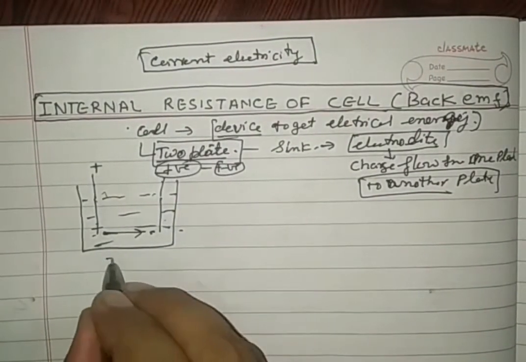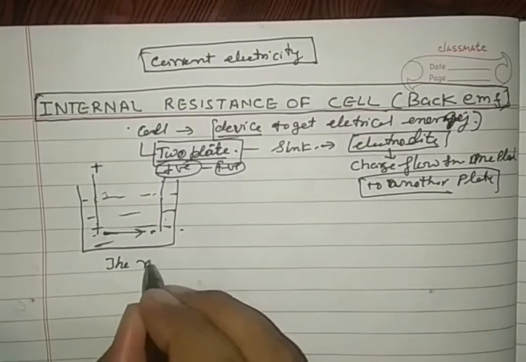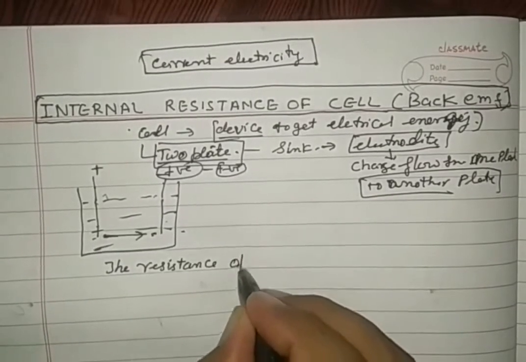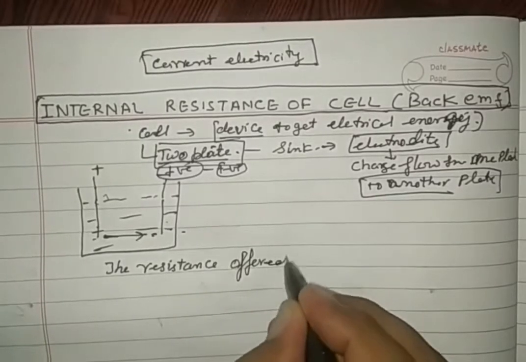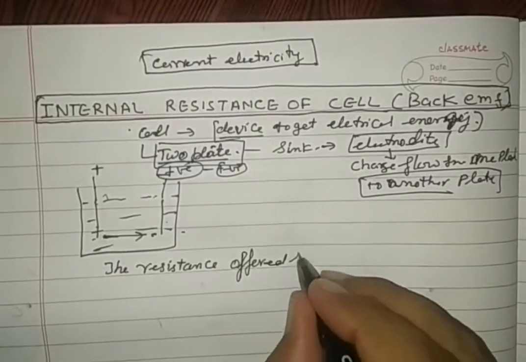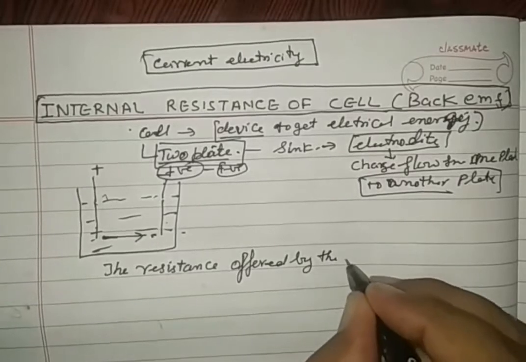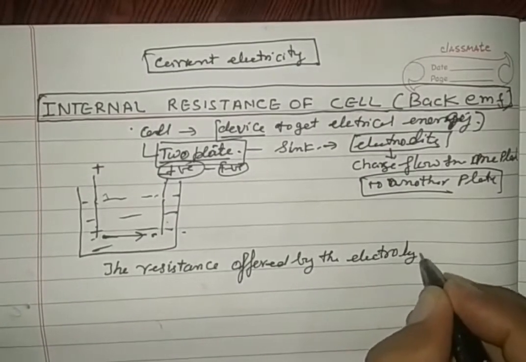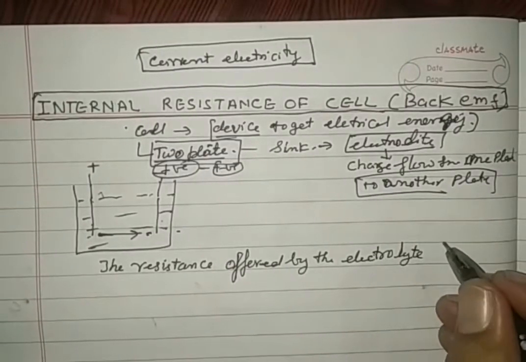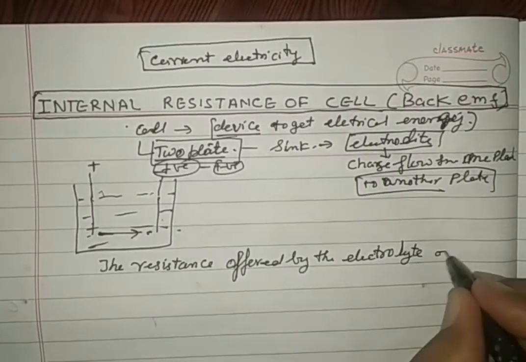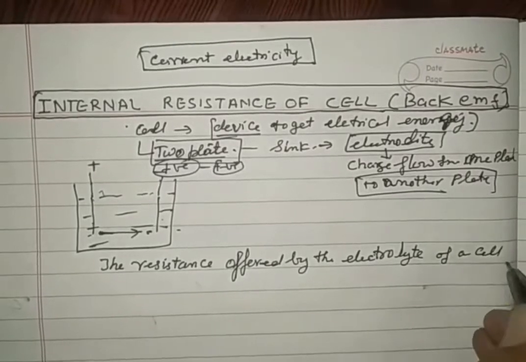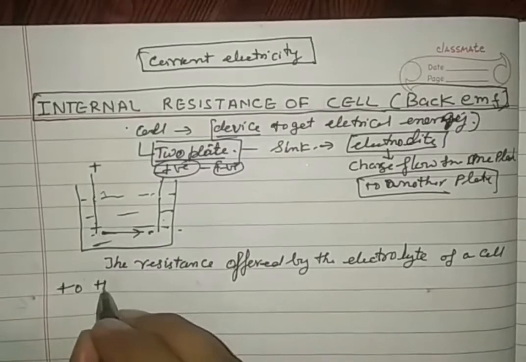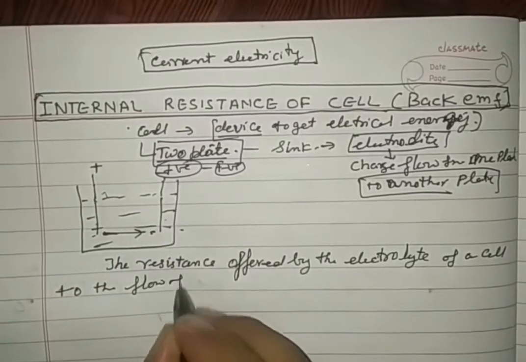This is the resistance offered by the electrolyte of a cell to the flow of current.